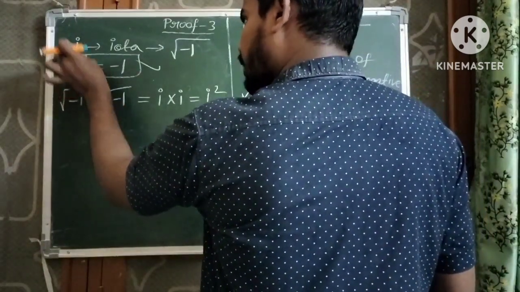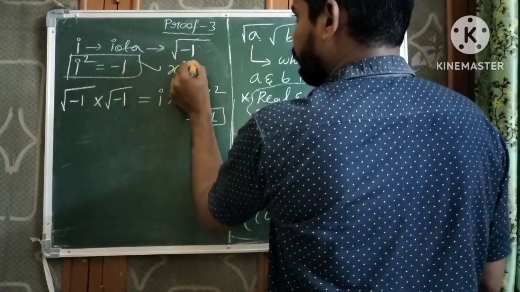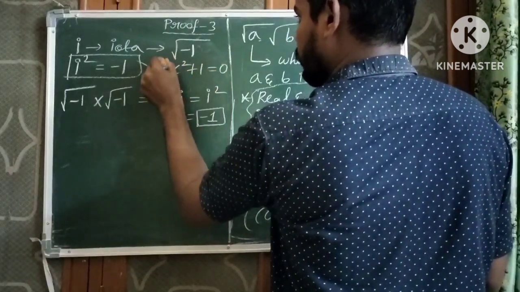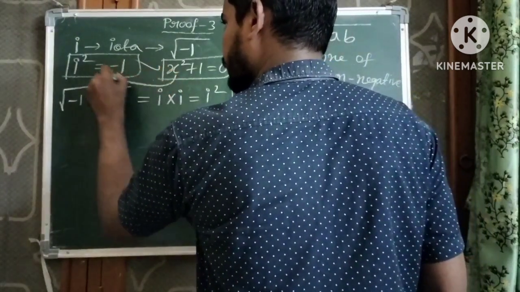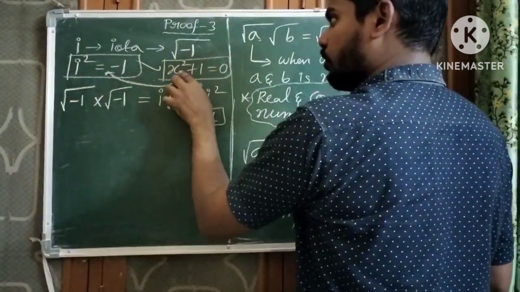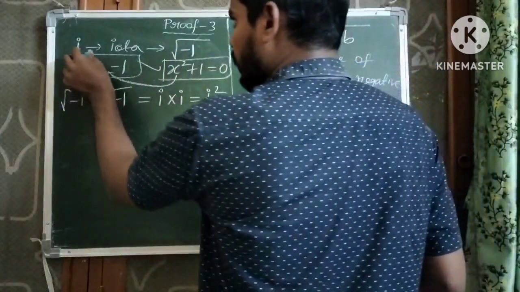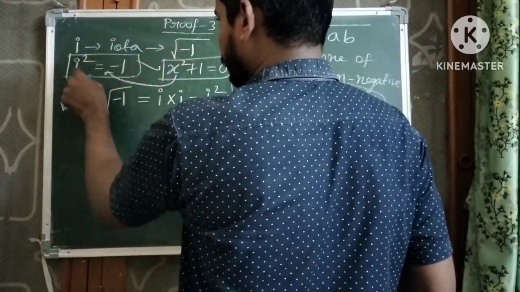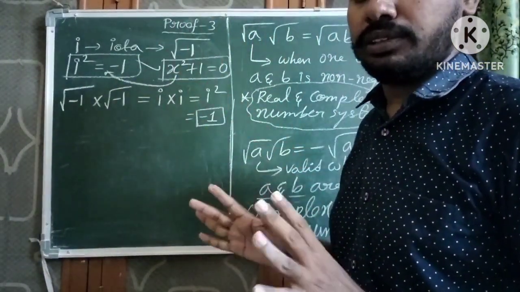This value is compulsory to find solutions of x square plus 1 is equal to 0. It was introduced to find the roots, or solution, of this equation. So i means iota, root over minus 1, and i square is equal to minus 1. I'm talking about the complex number system.